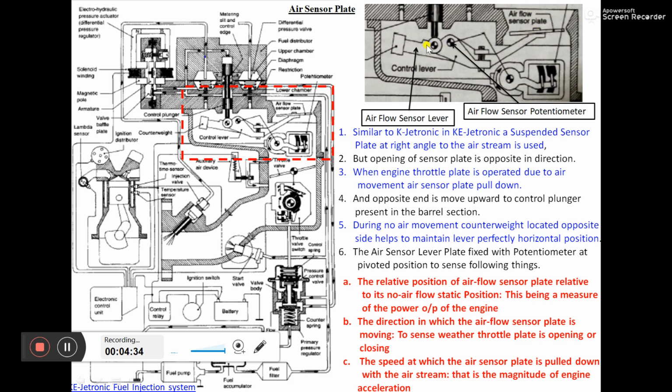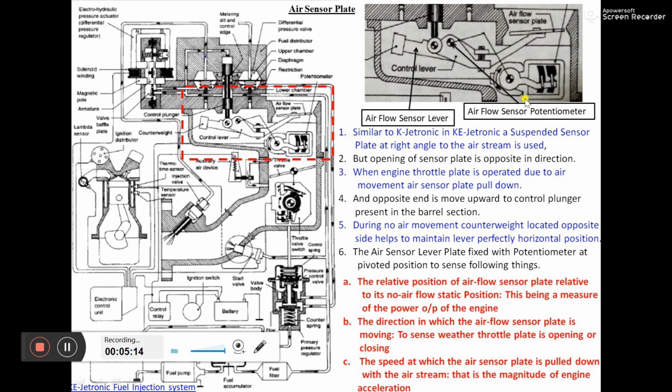That information is given by this potentiometer to the ECU. Second, it will detect the rate of opening and closing of this air sensor plate, whether it opens suddenly or gradually. On that basis, sudden acceleration or gradual acceleration is sensed by this potentiometer. Whenever there is sudden opening, this potentiometer also gives a sudden change in current.